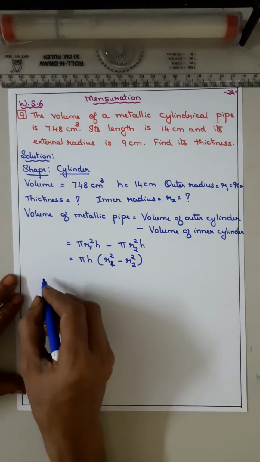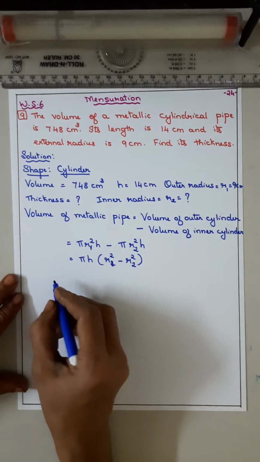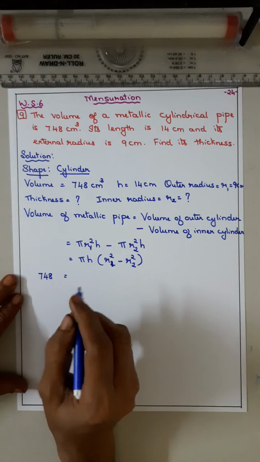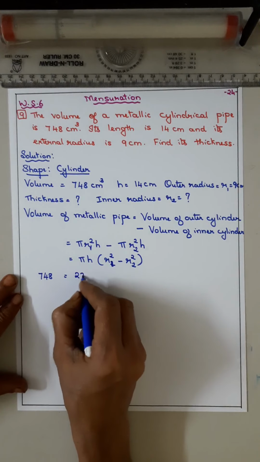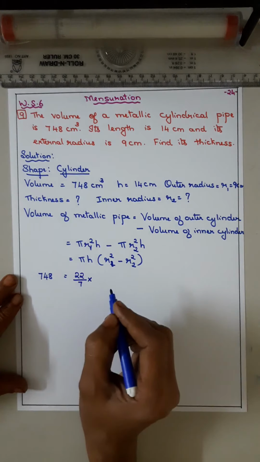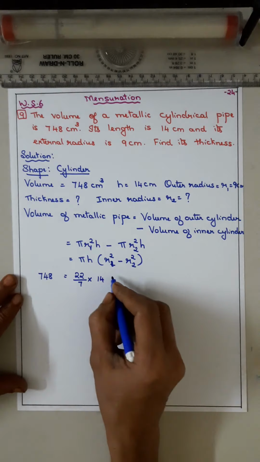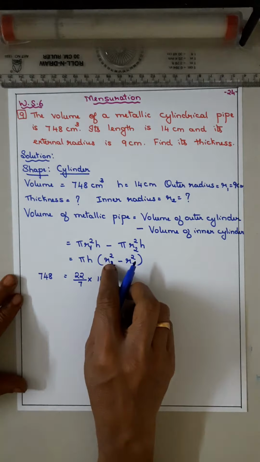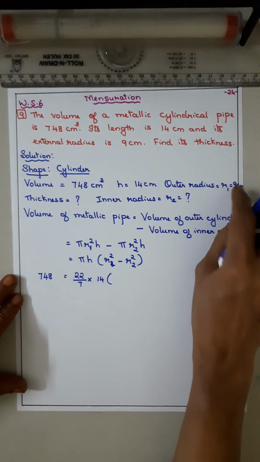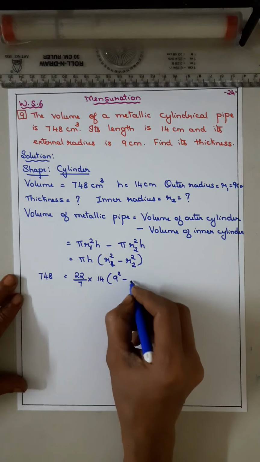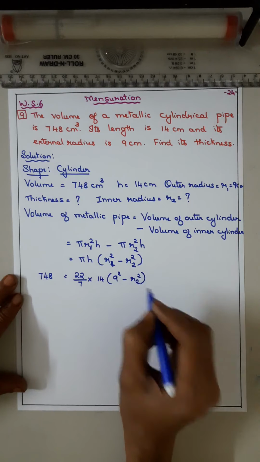Now put the values. Volume, how much is it given? 748 is equal to 22 by 7 into h, which is 14, in the bracket r1 squared, r1 is 9, 9 squared minus r2 squared.